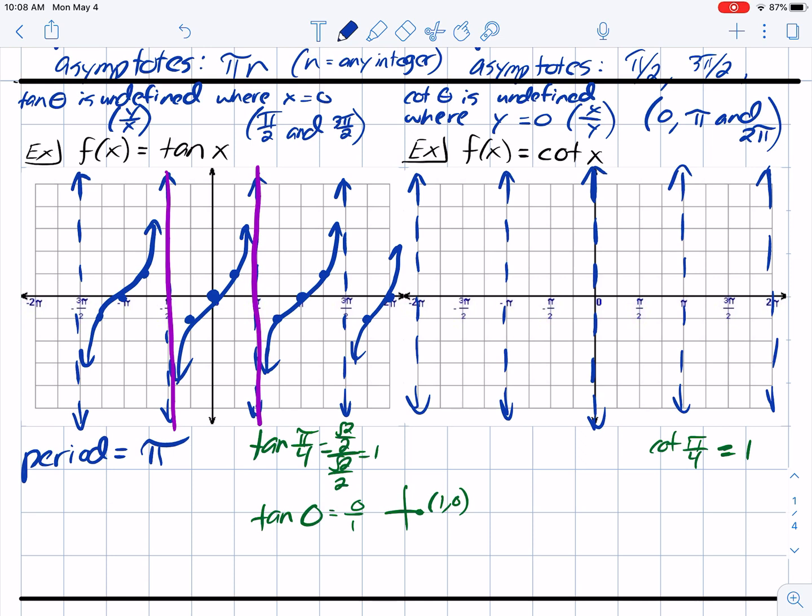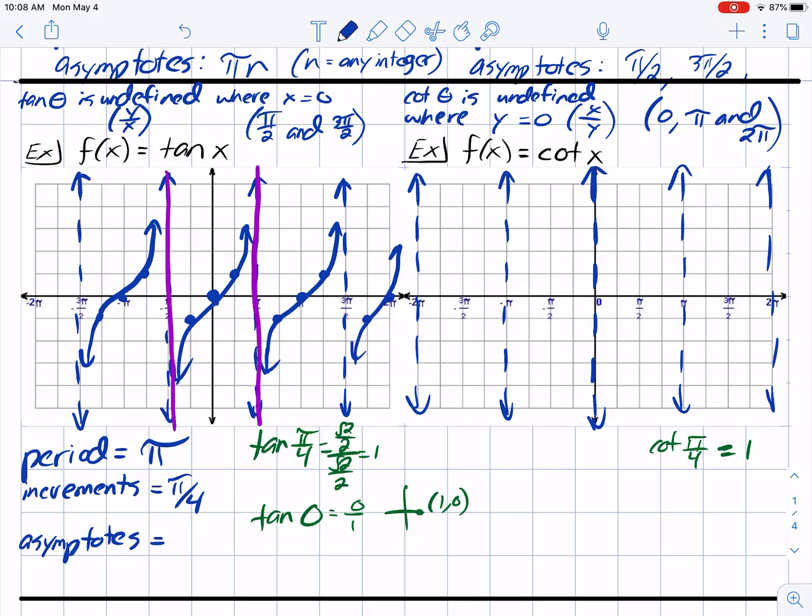Your increments, you could still graph increments like we did for sine and cosine functions. Take the period length, divide by 4, because the increments are where that graph changes. So up 1 and down 1 on both sides. Just make sure we know it's not a straight line. Our asymptotes.